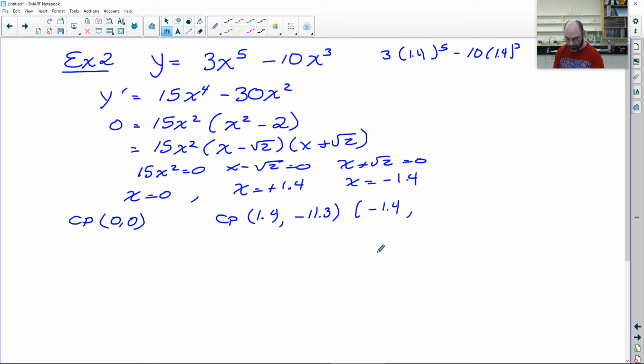It's the same idea, it's just 11.3. Had trouble with my calculator pushing there. Okay, so we finally got our critical points, number 1, 2, and 3.